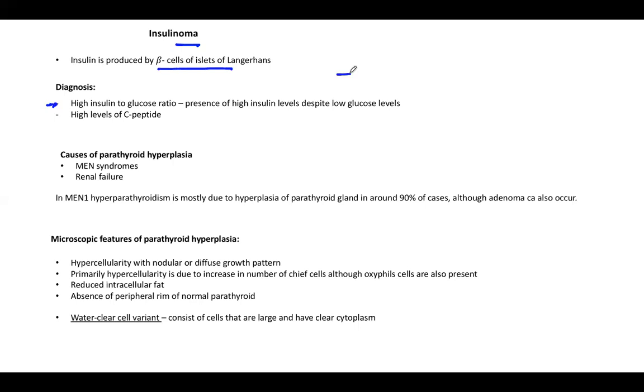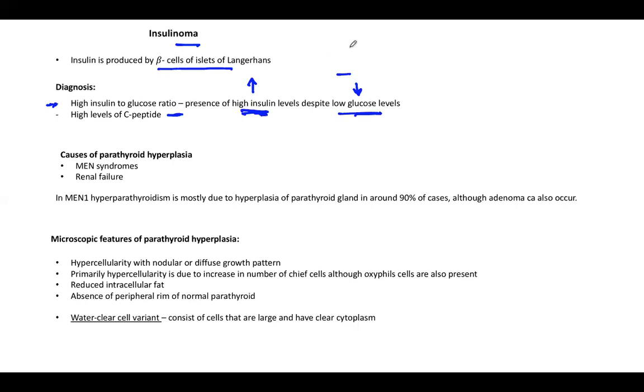It means that when glucose is low, the insulin should be low. But in this condition, glucose will be low, but insulin will be high. So the ratio is opposite, a high ratio, more insulin than it should be according to blood glucose levels.